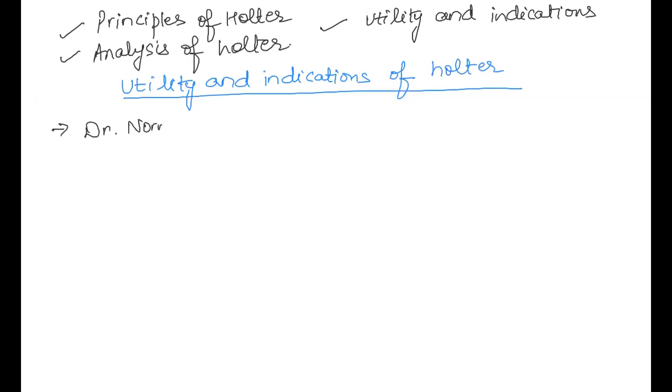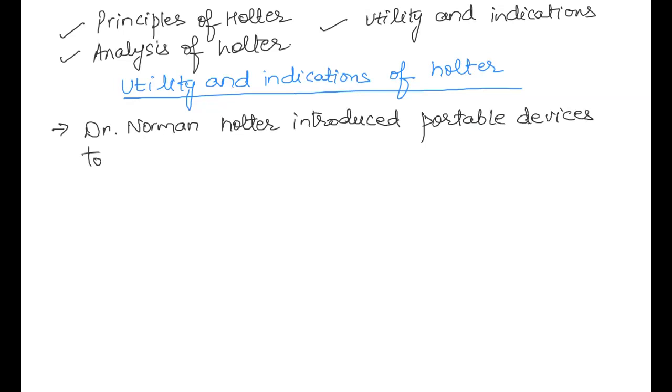Dr. Norman Holter was the one who introduced portable devices to record the ECG in 1957. So besides Holter, we have event monitors, ambulatory monitors, and then the ECG patches, which we have already learned.